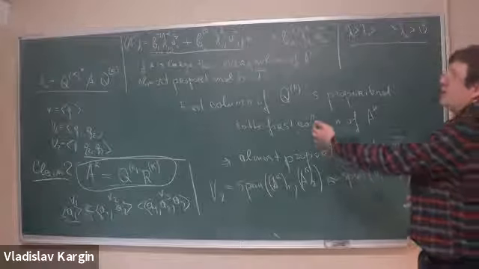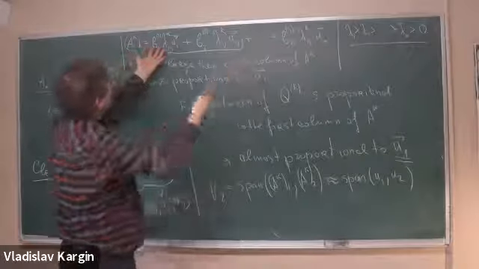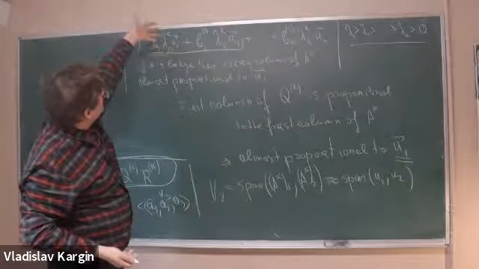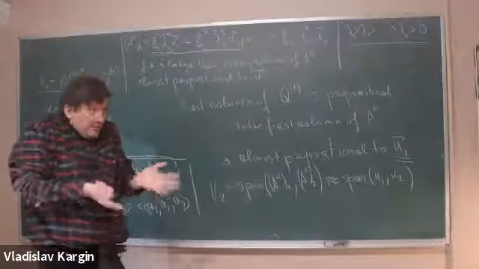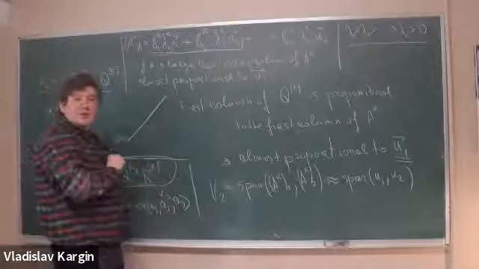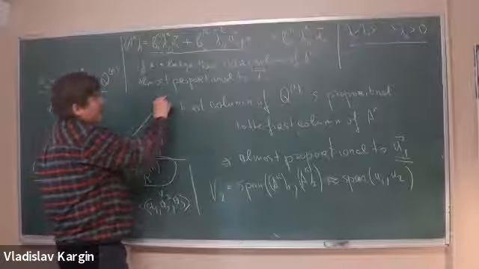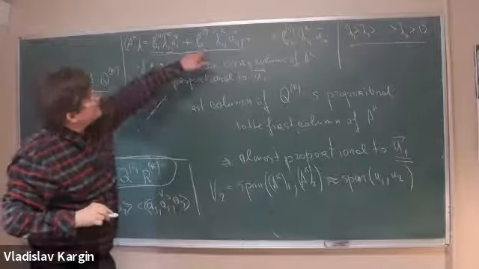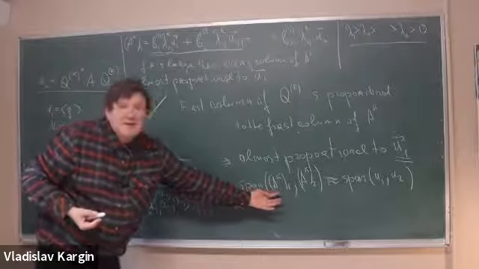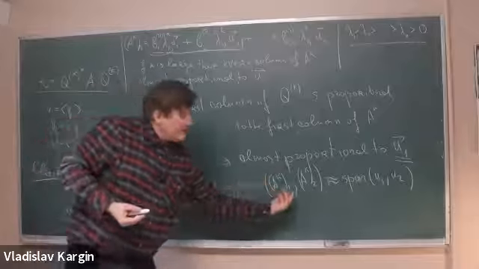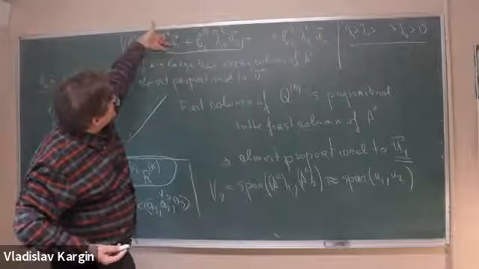So every column vector has this representation. Almost everything is dominated by the vector U1, but I need the second approximation. Everything looks like this line, but I need to see the difference from this line. It will be some small difference, dominated by the second term. So the span of the first and second column is approximately equal to the span of U1 and U2.